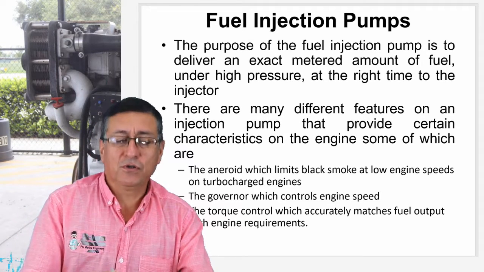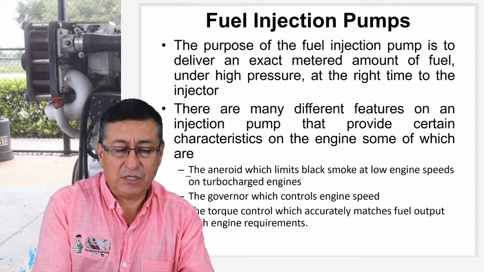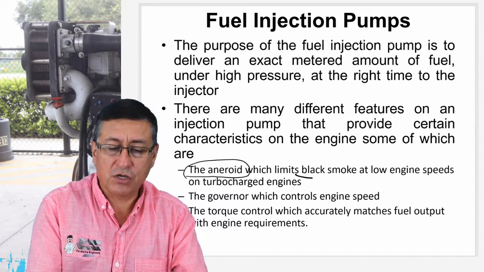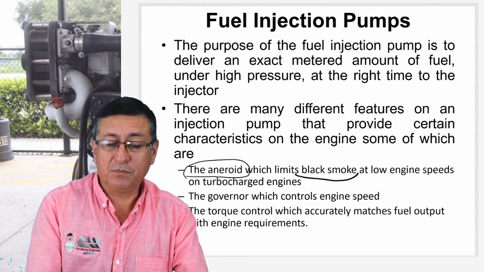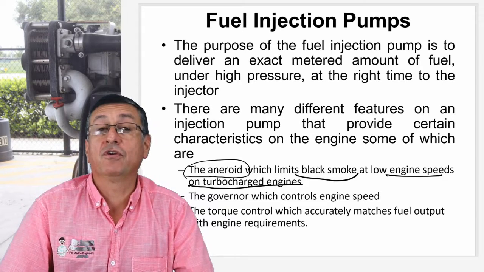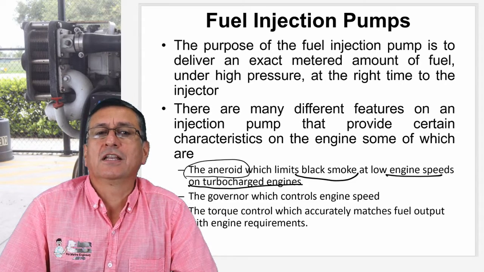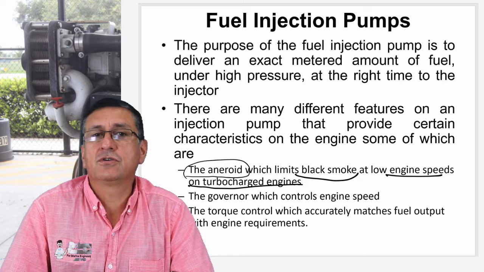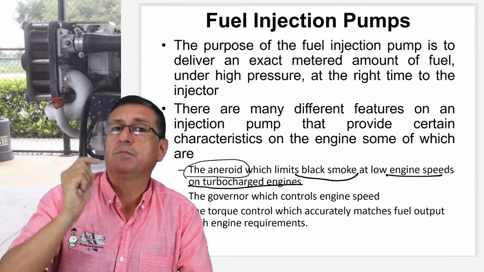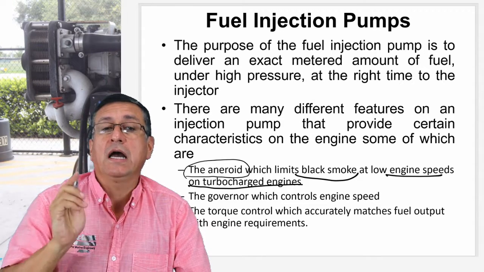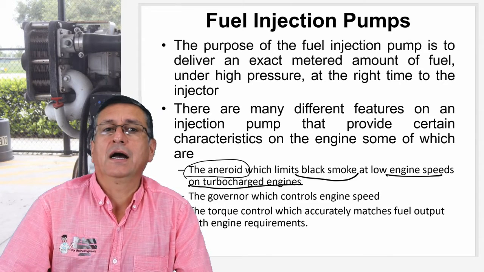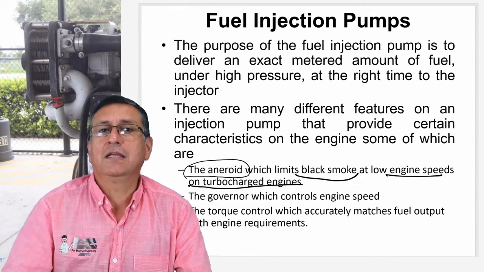One of those characteristics is the aneroid function to avoid black smoke, especially at low speeds in turbocharged engines. This is very important. The aneroid is a special sensor valve that controls, according to the atmospheric pressure and the altitude, the amount of air and the amount of fuel entering the combustion chamber internally.